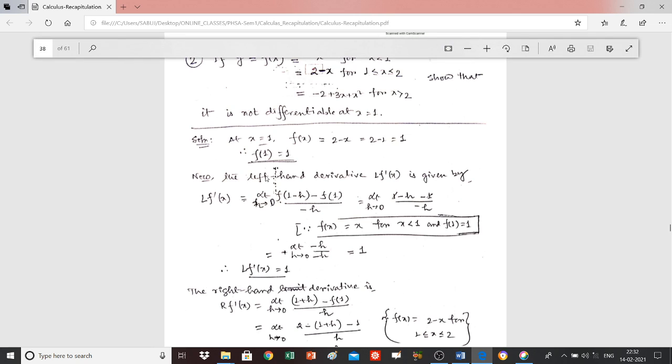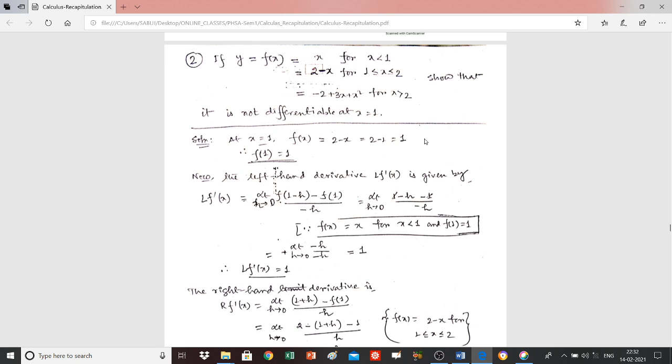Now the left hand derivative of the given function at the point x is equal to 1 is Lf prime, that is equal to limit h tends to 0 of f of (1 minus h), since the point is 1, so x should be replaced by 1 minus h, minus f of 1, divided by minus h.